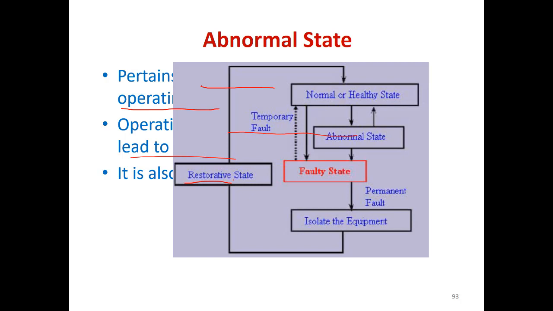Now you can see here how from the normal or healthy state we reach the abnormal or faulty state, then it leads to a permanent fault and we need to isolate the equipment. When the system is under normal condition, we can say it is in a healthy state, and if some abnormality happens, it will go to the abnormal state.